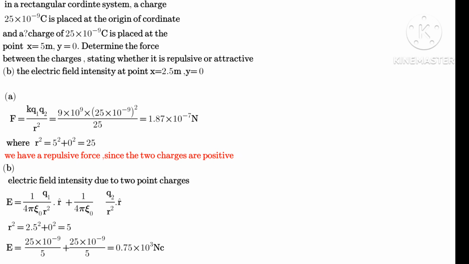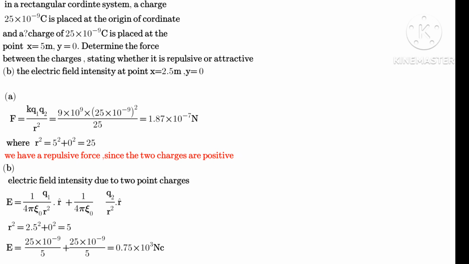We have two charges, charge 1 and charge 2, and you notice that the two charges are of the same value, placed at a distance of x equals 5 meters and y equals 0 meters. What the question says is that we should calculate the force between these two charges, and state whether it is repulsive or attractive.